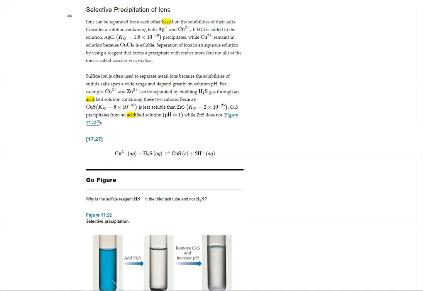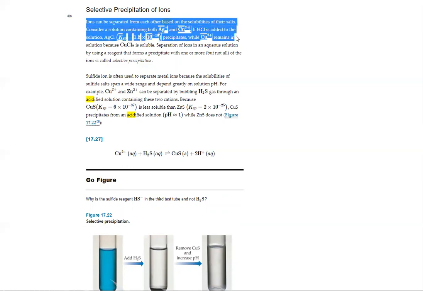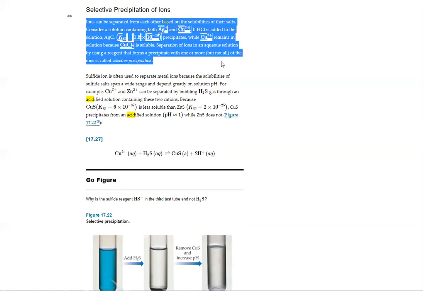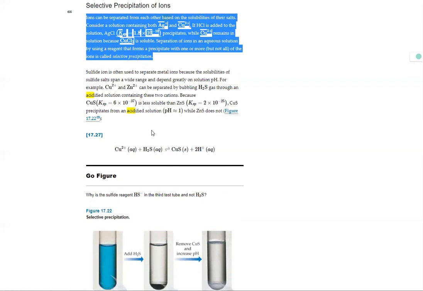Ions can be separated from each other based on their solubilities or their salts. Consider a solution where HCl is added. So this is just talking about something being added and it's separating only into what you desire.